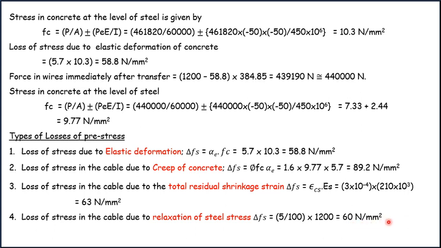Now, how much total loss has occurred in the beam section for this particular problem. Total loss of pre-stress is the summation of all four losses, 1 plus 2 plus 3 plus 4, which comes out to be 271 Newton per mm square. Now the final stress in wires is 1200 minus 271, equals 929 Newton per mm square.